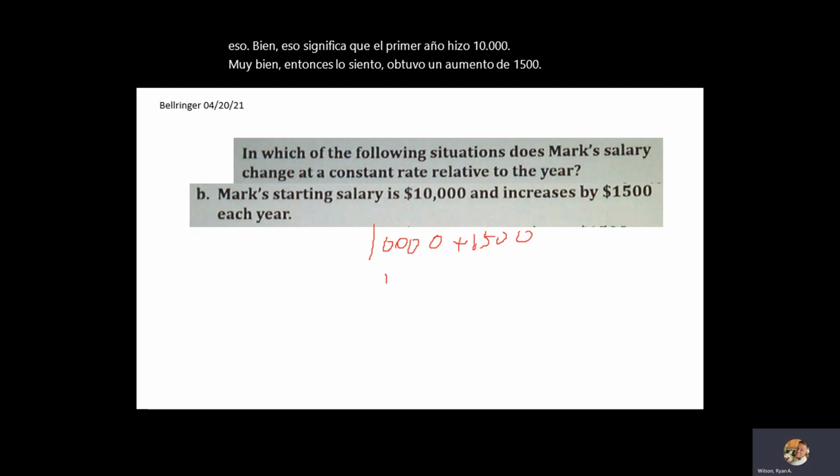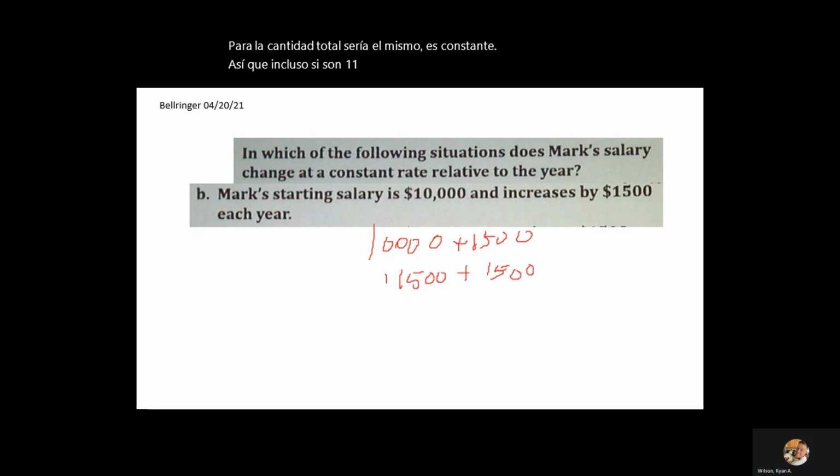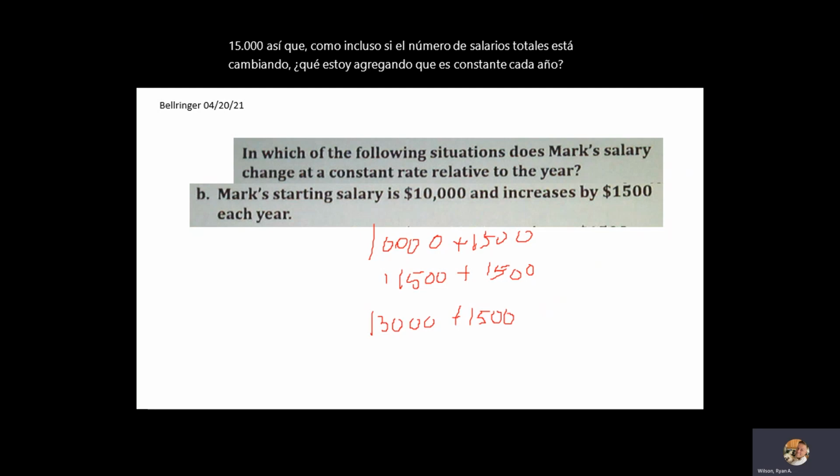All right, each year you can see that what's being added to the overall amount would be the same. It is constant. So even if, let's say 11,500, 500 plus 1,500, 13,000. So like even if the overall amount of salary is changing, what am I adding that's constant each year? $1,500.